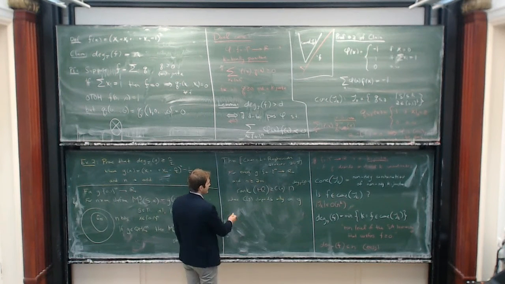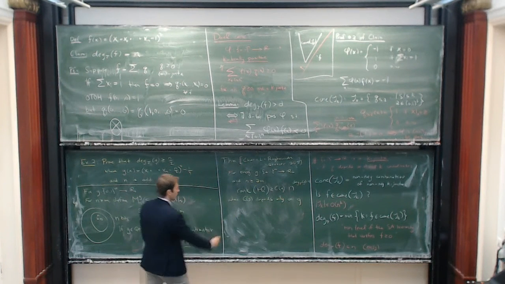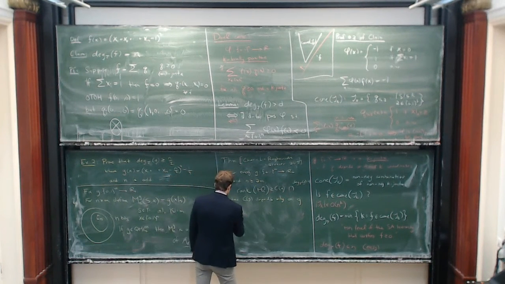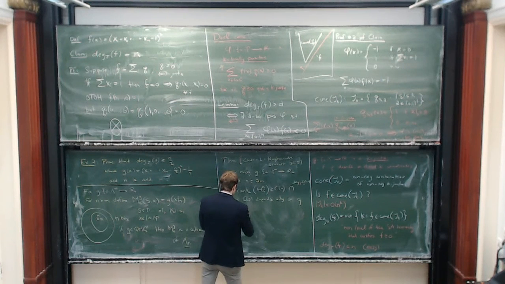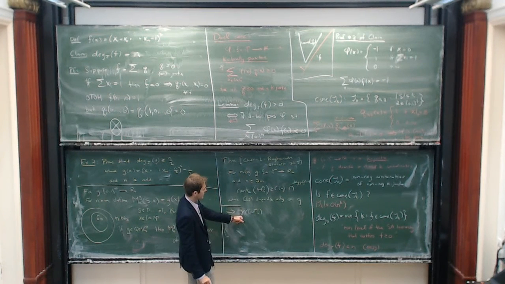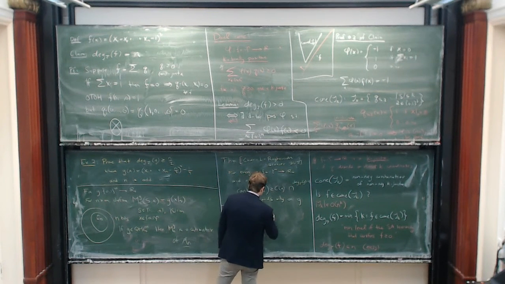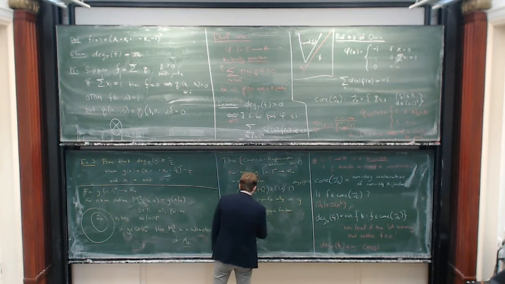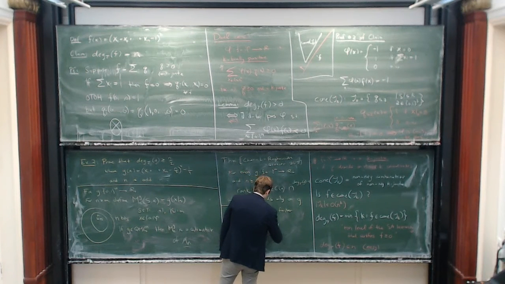So as we said last time, this in particular implies that the extension complexity of the cut polytope grows faster than any polynomial. Why does it imply that?